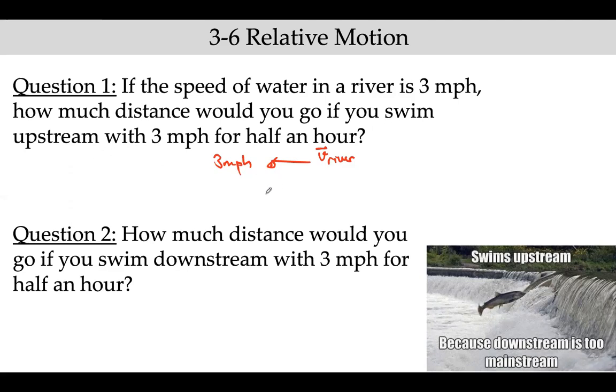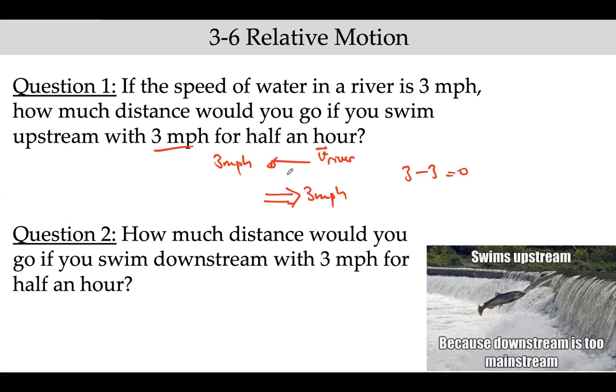Upstream means in the opposite direction to the river, with 3 miles per hour. Well, if the river is 3 miles per hour, let's say to the left, and you swim upstream to the right, well, 3 minus 3, you would get 0. So you would not move at all.